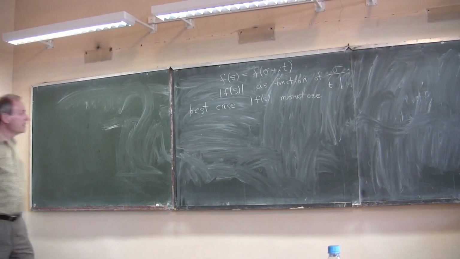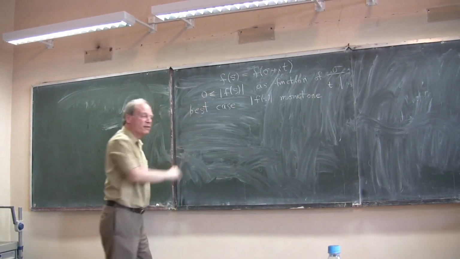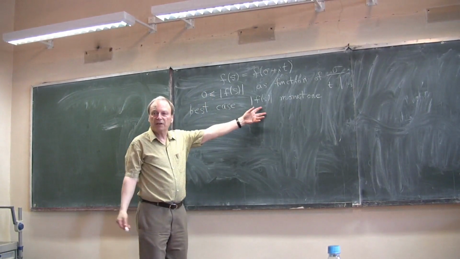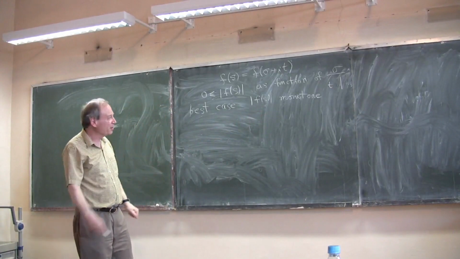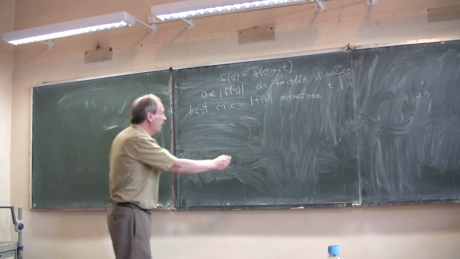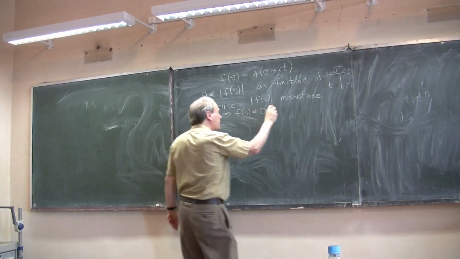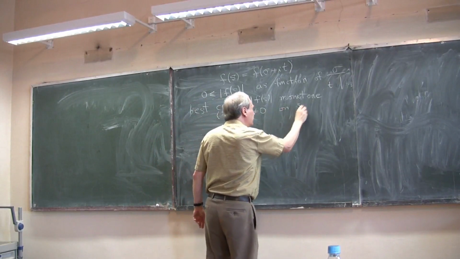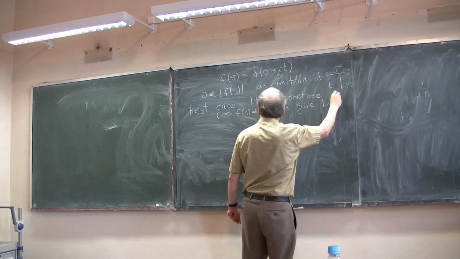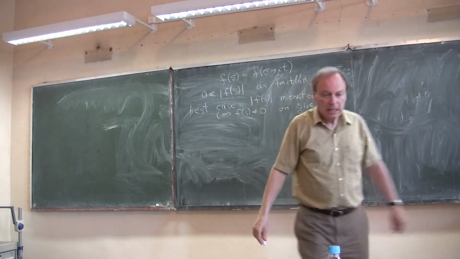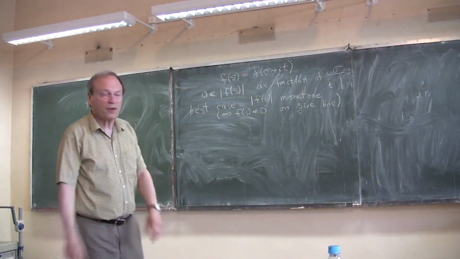In particular, since this is always at least 0, if it's monotone, then that would imply that there are no zeros along that line. You can't descend below 0 if it's monotone. So this would imply f of s is not equal to 0 on a given line. We can fix t, or we can fix sigma. So that's the general theme, and we will study that for certain functions.